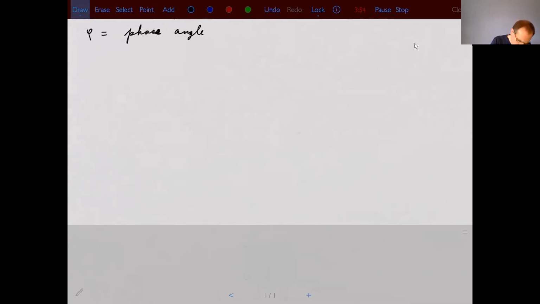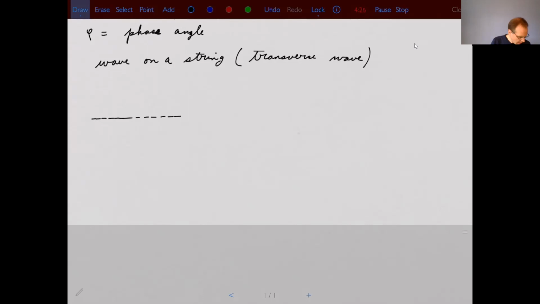A wave on a string you can think of as what we call a transverse wave. So what does it mean for those parameters like the amplitude, the period, the wavelength? Let's say this is the equilibrium position of the string, and I examine one little particle of the string.